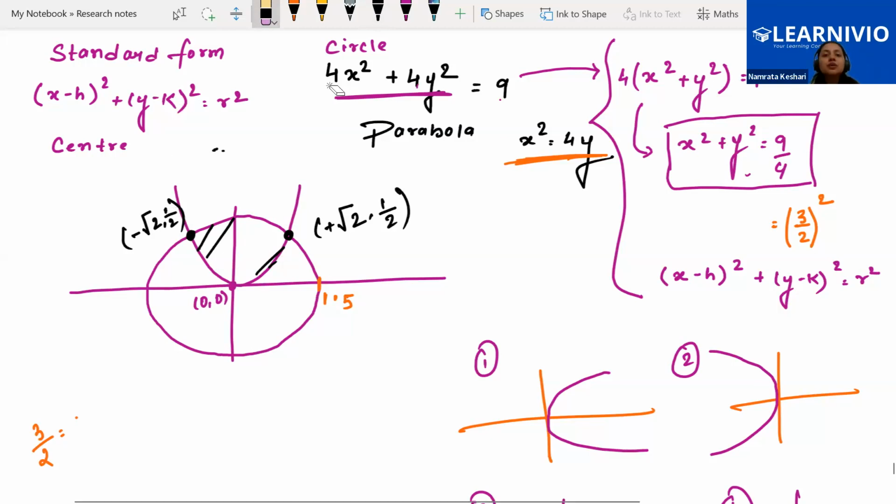If you focus over here, what is the upward curve? Is it parabola or circle? Parabola. Check it carefully. Upward curve, no? Okay, okay. It's circle.